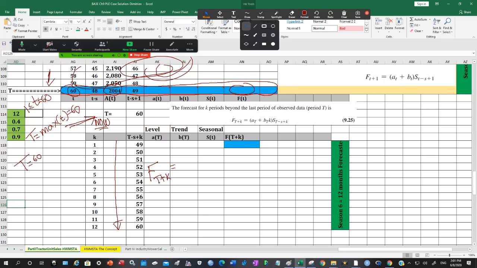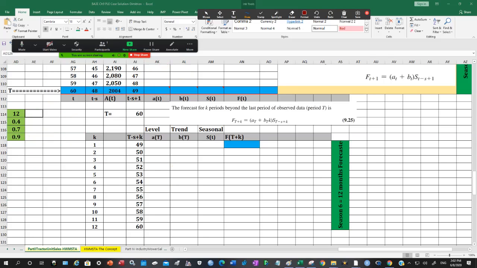When I have k equals 1 right here, this corresponds to month 61, which is January of 2015. Let me clear the screen.